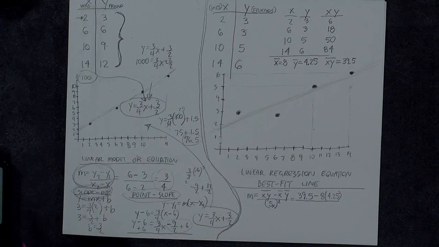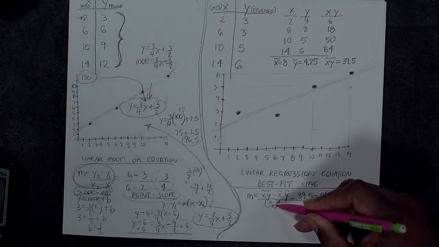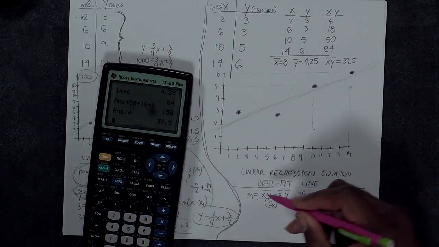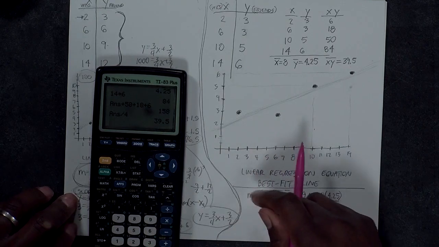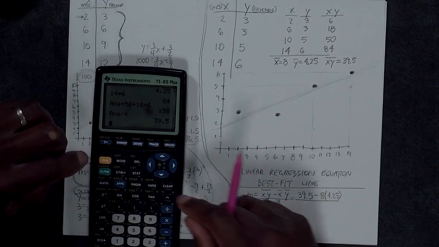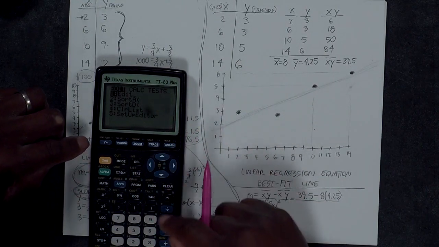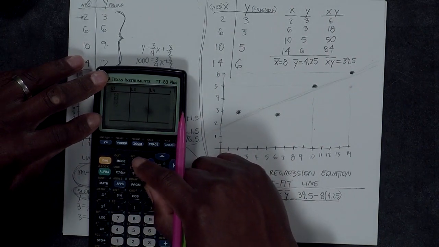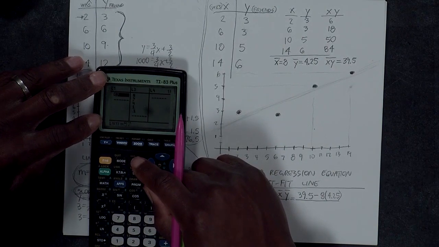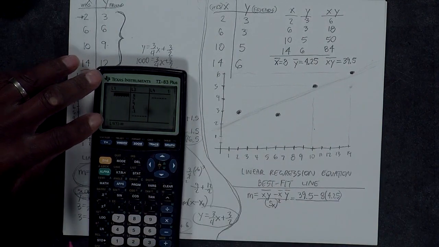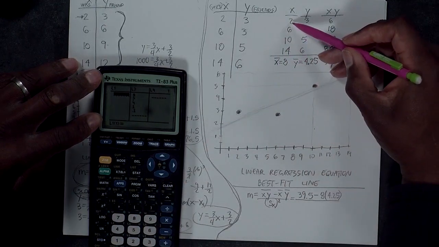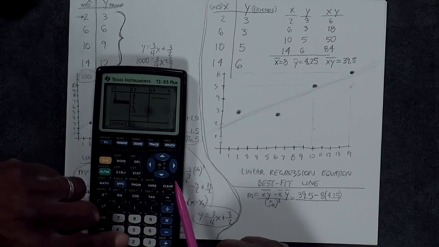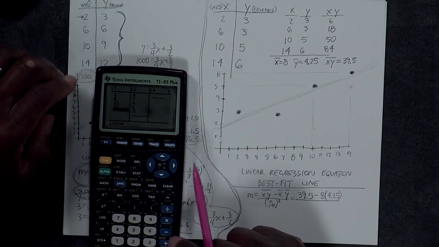Standard deviation is a term that I don't want to spend time talking about what it means, but safe to say you can figure it out on the calculator. Let's go to edit, and I'm going to find the standard deviation with my calculator. I just need to put in these x values: 2, 6, 10, 14.